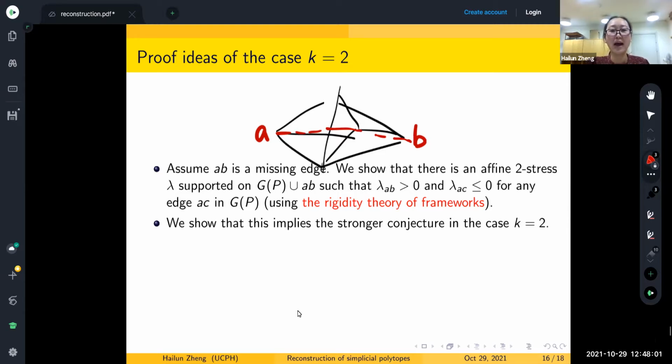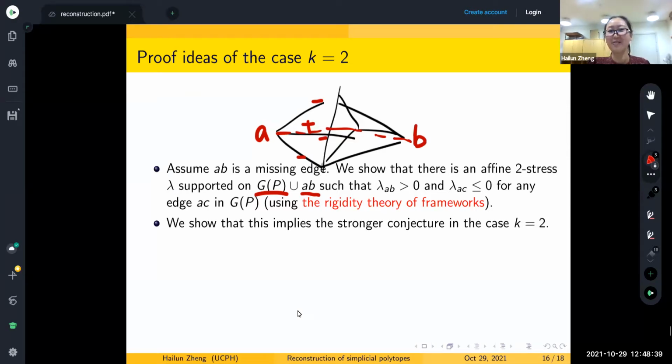So now assume that I have a missing edge, and then I show that if you not only consider the graph of P, but also the additional edge AB, then we'll be able to show that it is always possible to find a stress such that the sign on AB is plus, and the signs on the other three edges that are incident to A are going to be negative, okay? And if this happens, then we'll be able to identify the missing edge, okay?